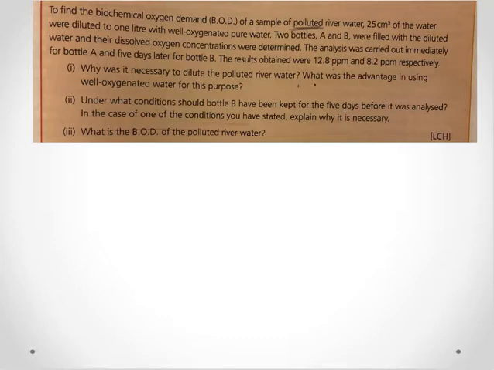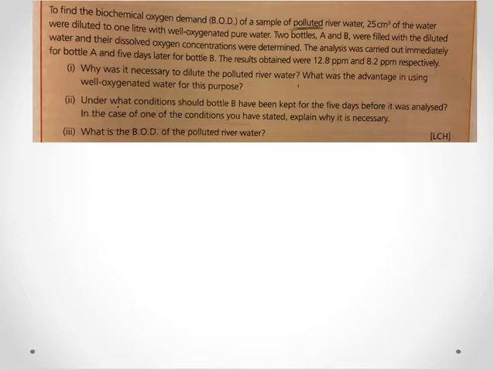Oh, sorry, I should have answered the second bit there. What was the advantage in using well oxygenated water for this purpose? So the reason you dilute it with well oxygenated water is to ensure that there is enough oxygen there at the start to give you an actual measurable amount of oxygen after 5 days when it finishes.